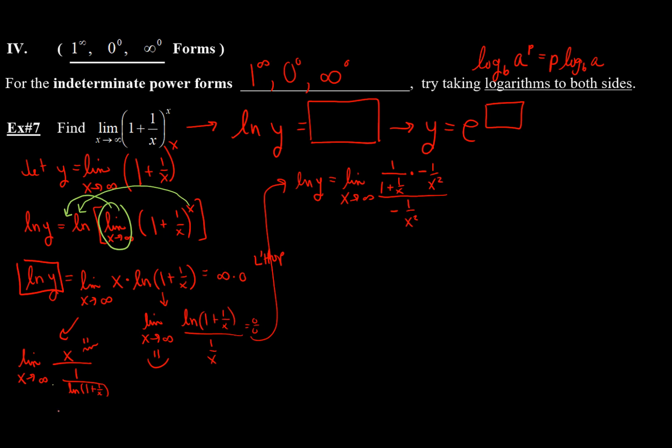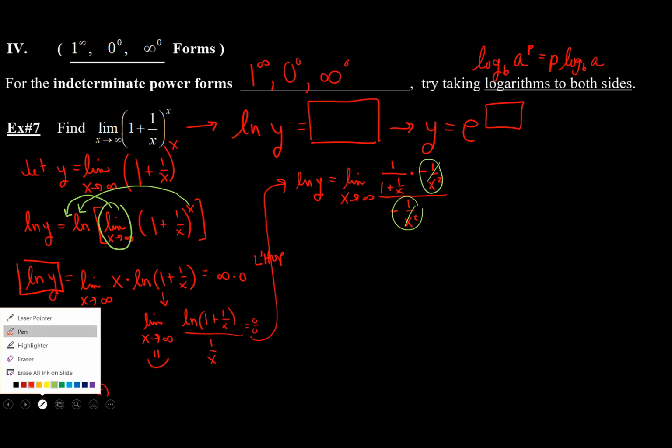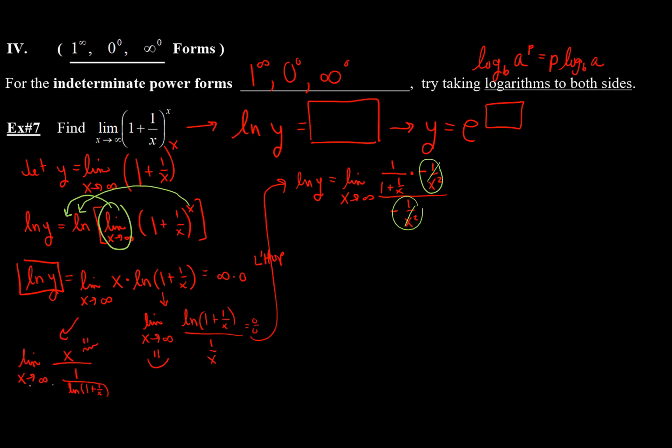And look at this wonderful thing that happens: these cancel. Now what I end up with is the limit as x approaches infinity of 1 over 1 plus 1 over x.